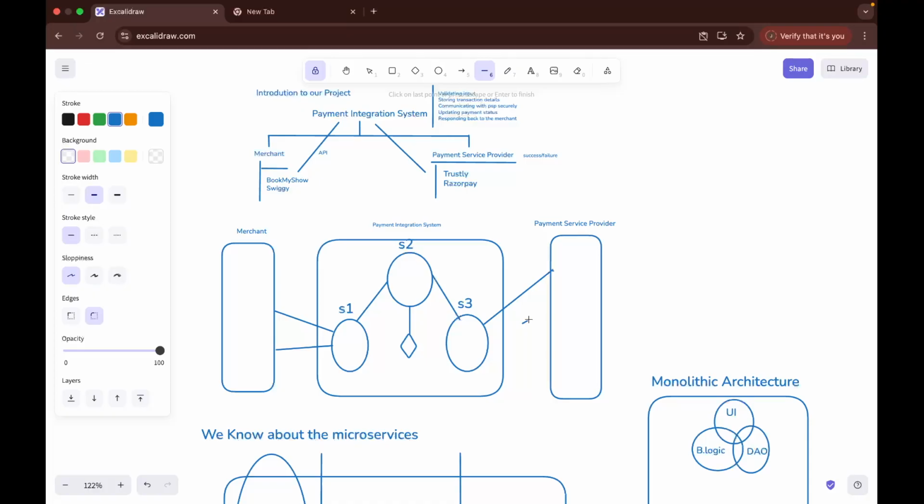Trustly sends the success or failure response to the payment integration system. Our Trustly provider service receives that response, updates the database and the status, and forwards it back to the merchant.